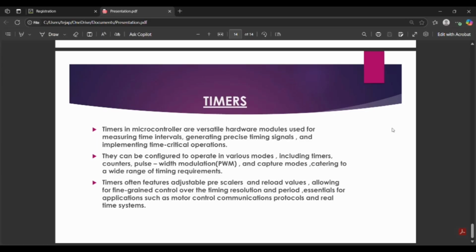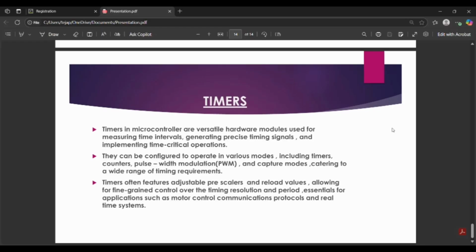Timers often feature adjustable prescalers and reload values, allowing fine-grained control over the timing resolution and period, essential for applications such as control, communication protocols, and real-time systems.